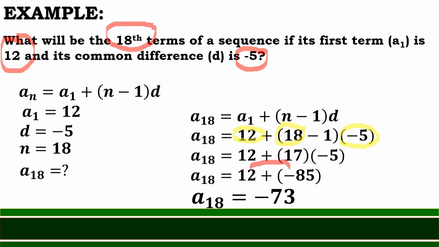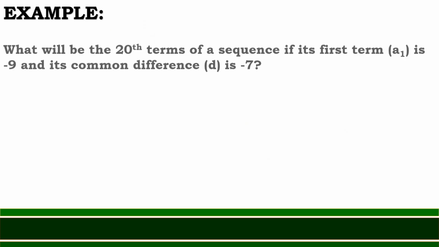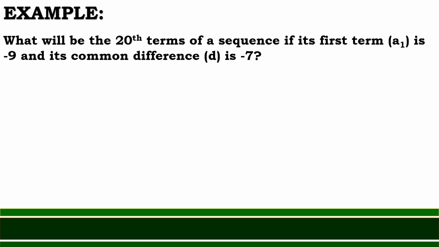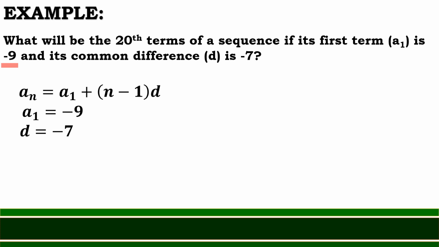Okay, so another example. What will be the 20th term of a sequence if its first term is negative 9 and its common difference is negative 7? So try natin siya ngayon using the formula. a sub 1 is negative 9 based from the given. Common difference is negative 7.